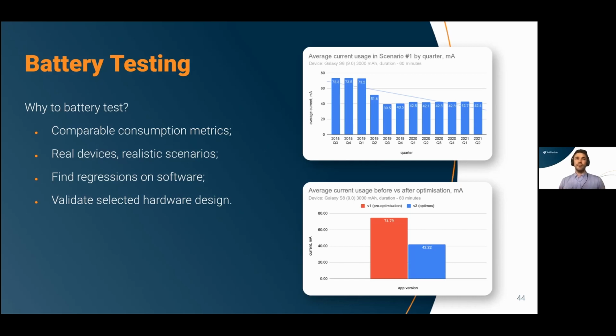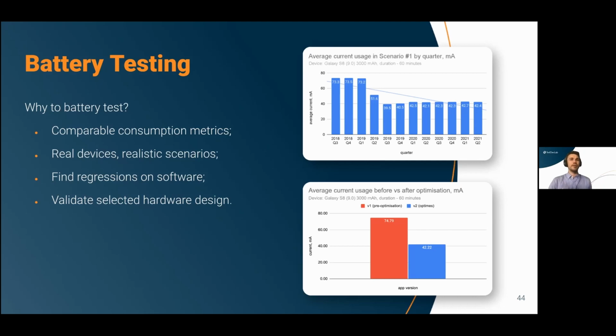Then we can compare and see whether there was a result of optimization or improvement, and so on. Of course, we can also see if there was some regression in terms of performance, which is non-functional regression, and also validate the selected hardware design.